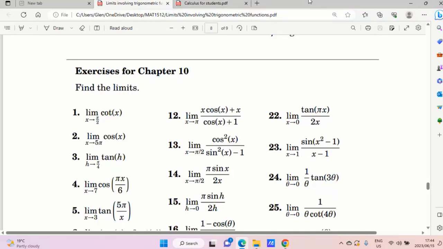Lerato, what did you get? Negative root 3. Ndemiso? I got negative root 3. Vuyo? Vuyo, followed by Tando.